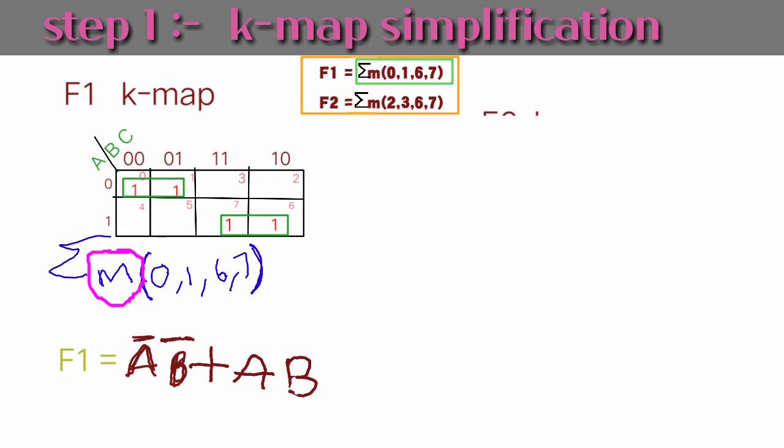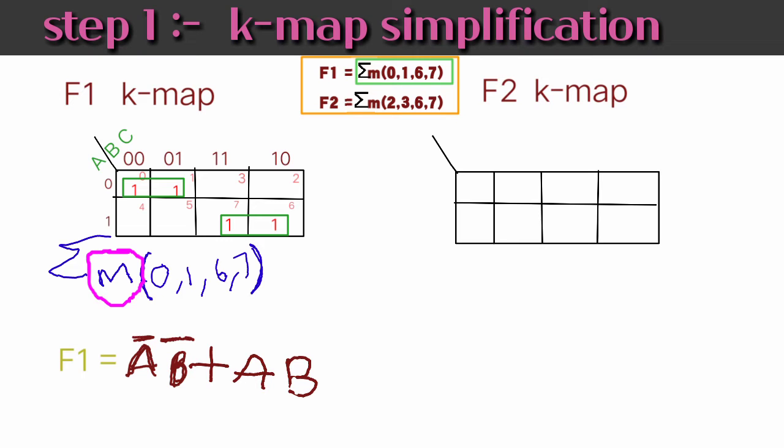Let us see the F2 K-map. This is the representation of the K-map. We put values inside the boxes. In the problem the F2 function has 2, 3, 6, 7. So we put a 1 in the table where its value is in the table.